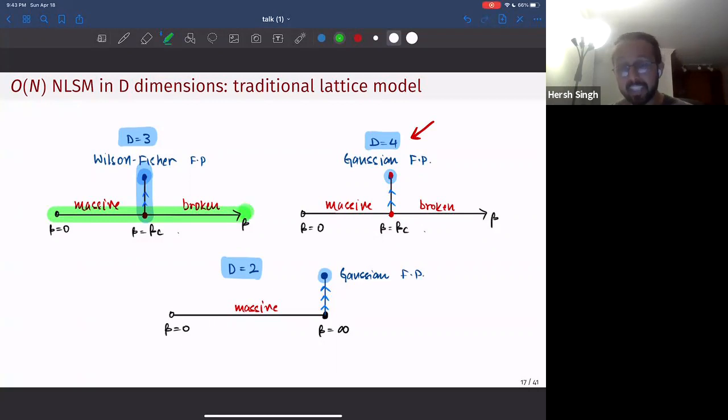When you tune a given lattice model to the critical point, meaning that you hit this point here, this will generically never be the fixed point. This will be a critical point, which will be different from the fixed point by irrelevant terms.